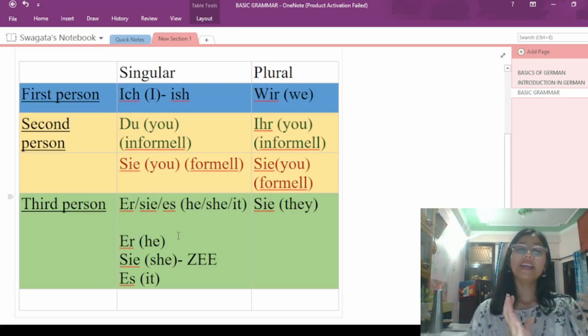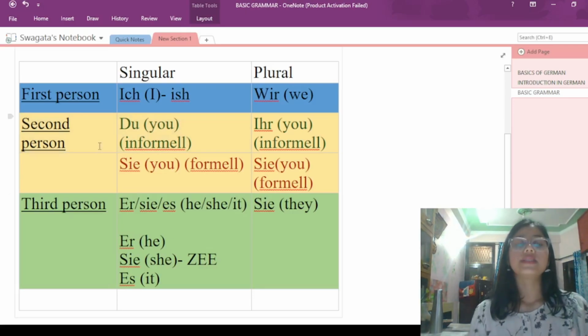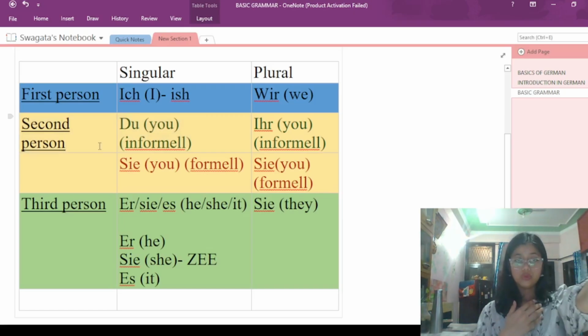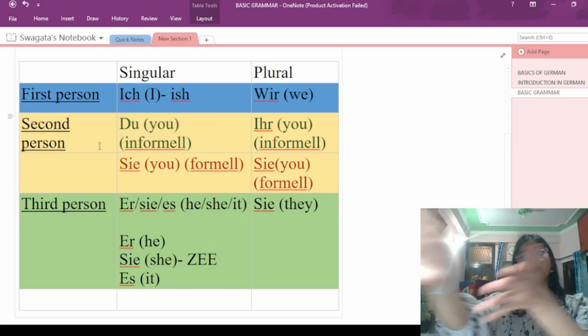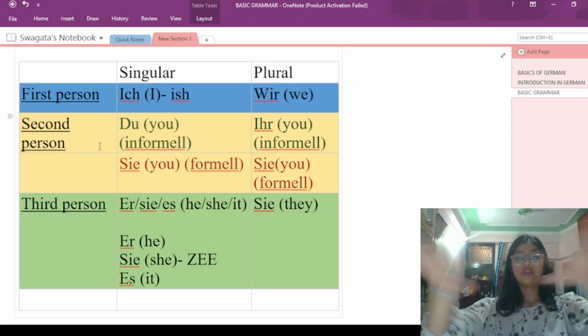Now to make things even more complicated, we have the second person. The second person is you. And of course, if there are more people that I'm referring to, then it's you all, or you guys.